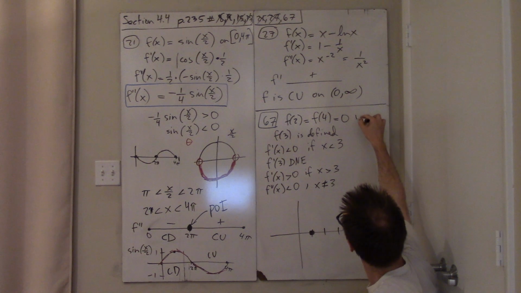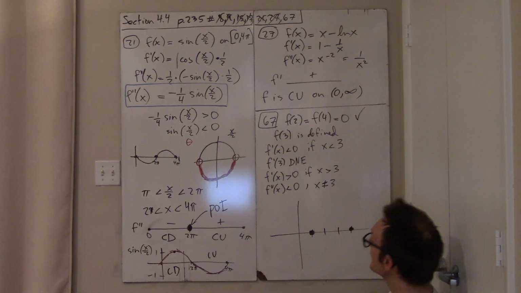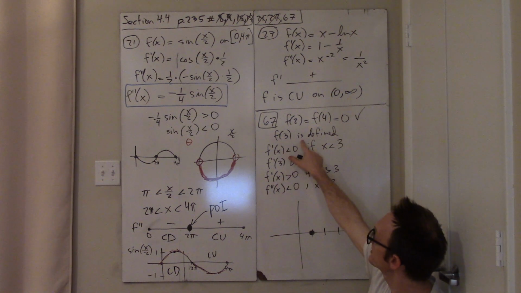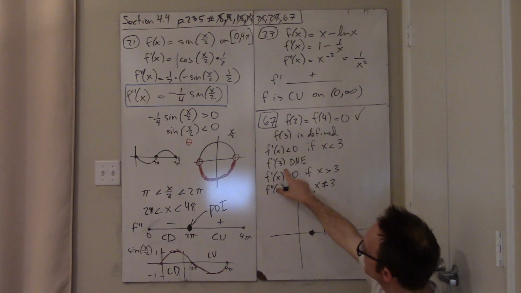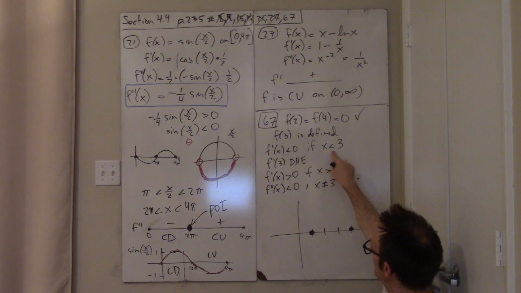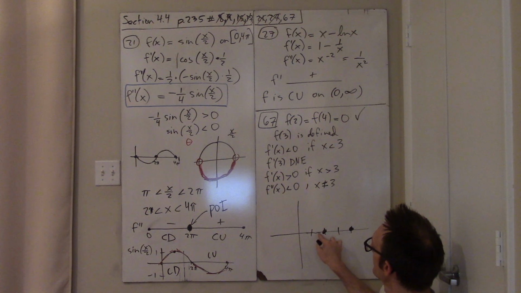F of 3 is defined, but f prime of 3 does not exist. So the function is defined there, but there's no derivative. The derivative is negative to the left of 3. Sorry, that should be a 2. So 2 and 4 at 0.